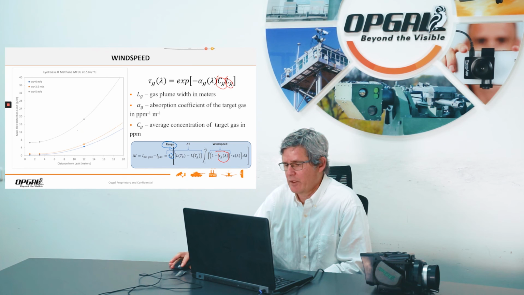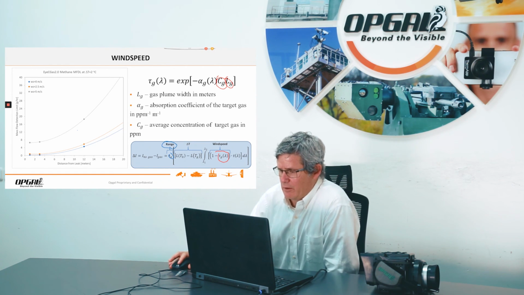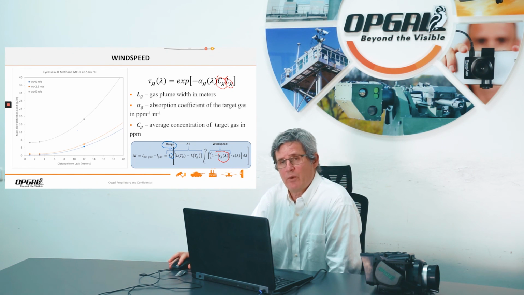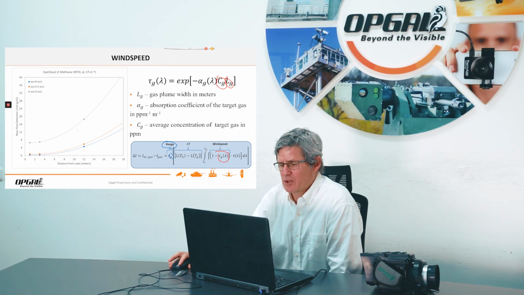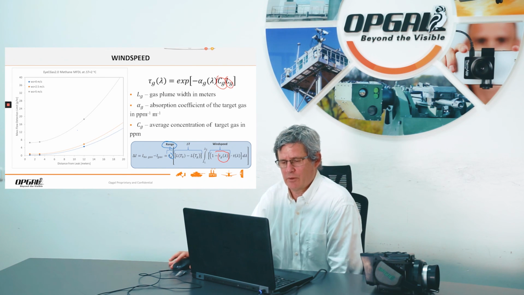So the greater the temperature difference, we showed the greater sensitivity, and the wind speed that affecting the dilution of the plume, and larger the wind speed, reduce the concentration product, integrated concentration product, path-length concentration product, and that when this becomes smaller, the contrast also becomes smaller, therefore sensitivity is smaller.